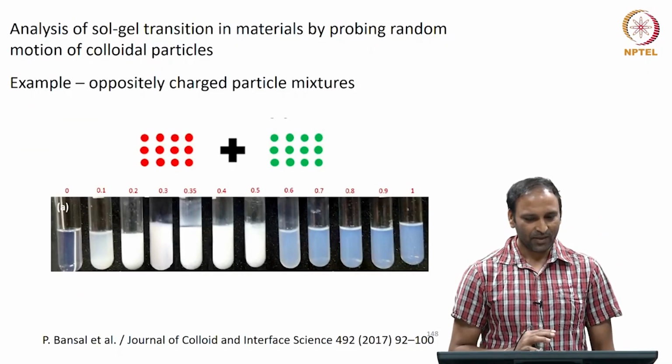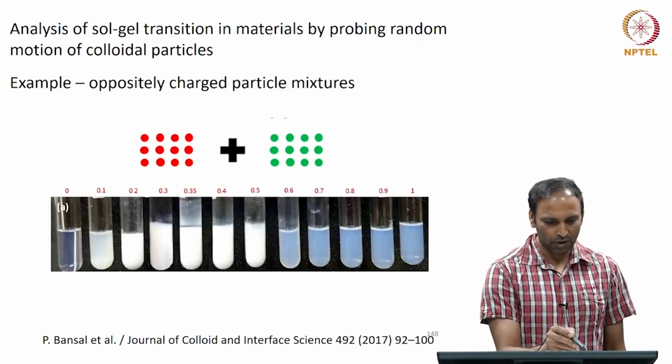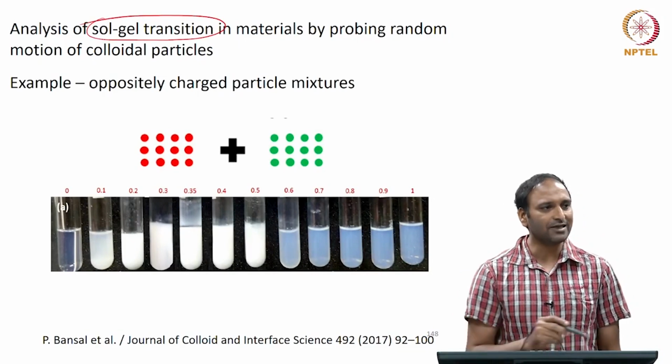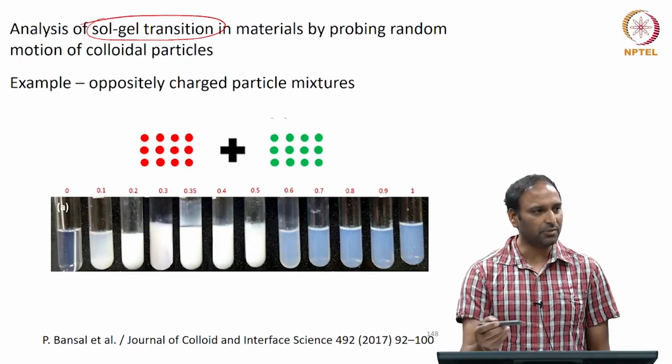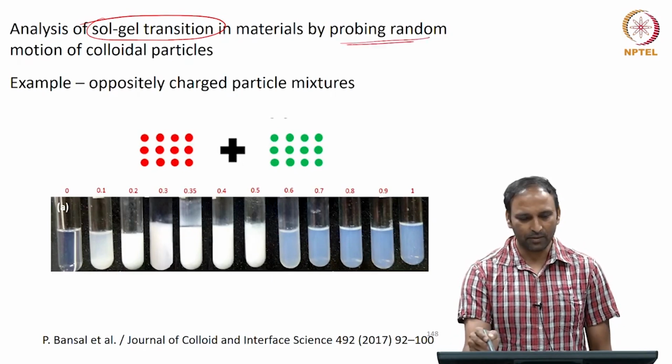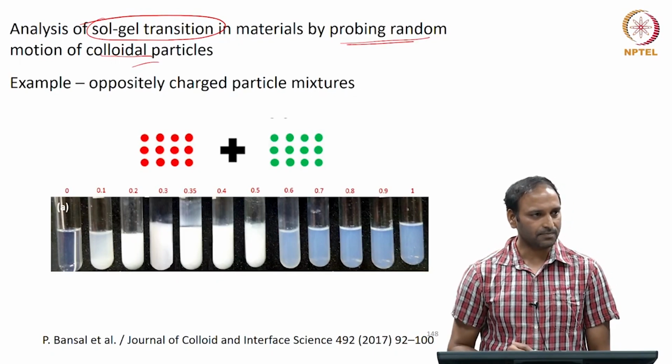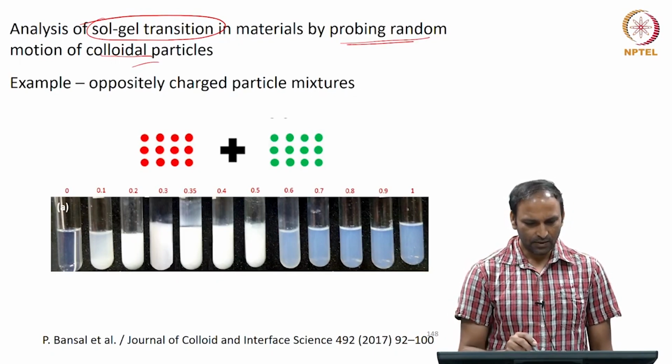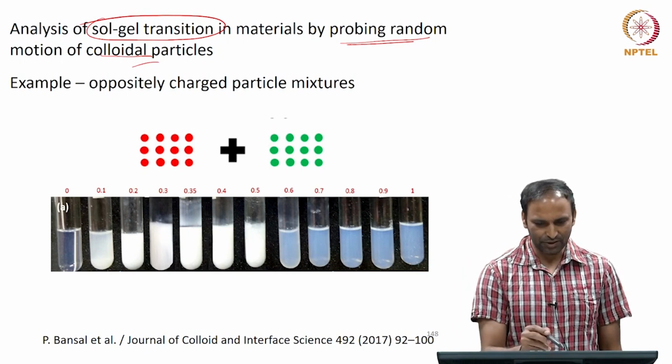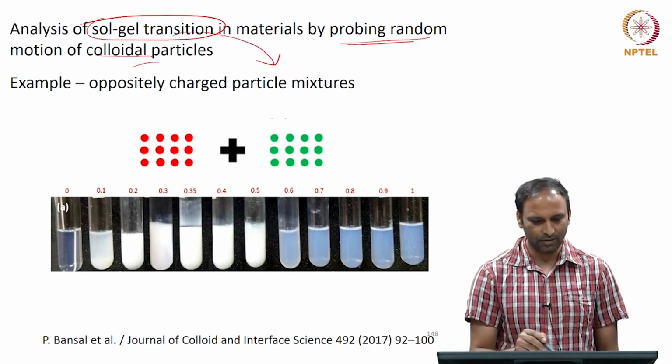Now, the last part that I wanted to look at is analysis of sol-gel transition in materials by probing motion of colloidal particles. I have taken an example here just to give you an idea of what a sol-gel transition is.